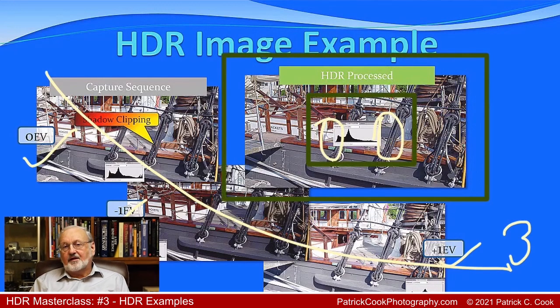So that's enough for examples for right now. There's going to be more that we'll be taking a look at as we move along. But this is a series of single frame captures versus the HDR processed images. And I think this helps give you a better appreciation for maybe not how we go about HDR, that's coming, but why we go about utilizing HDR.